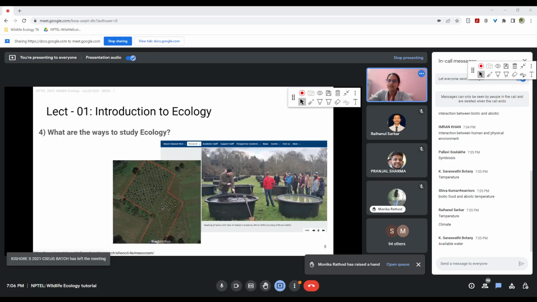Now we studied 3 different ways of how ecology can be studied, and to give you a brief overview, this is a long-term experiment conducted at Silwood Park at Imperial College, and basically if you can see, this is a satellite view map on the left, which you can see these small circles.